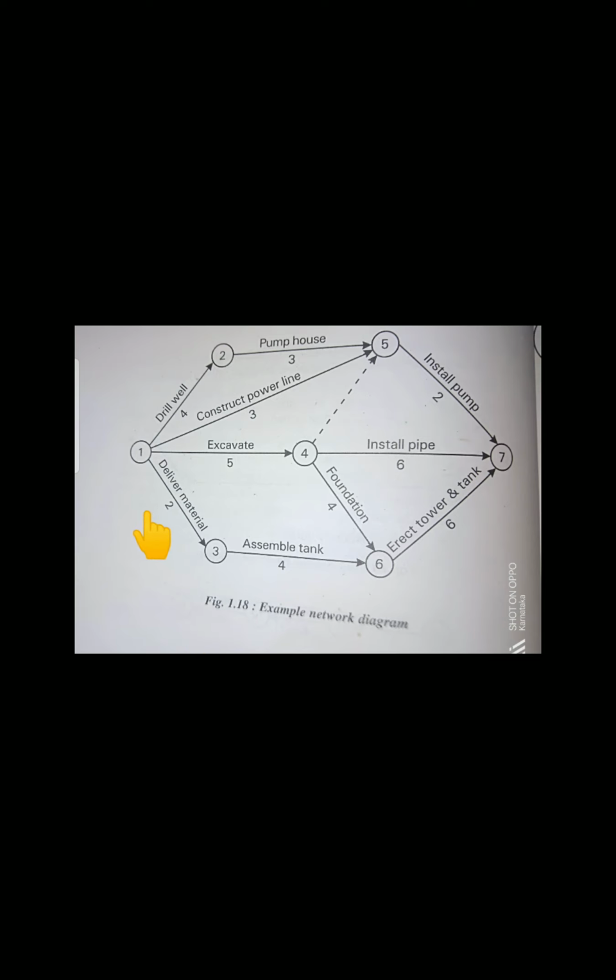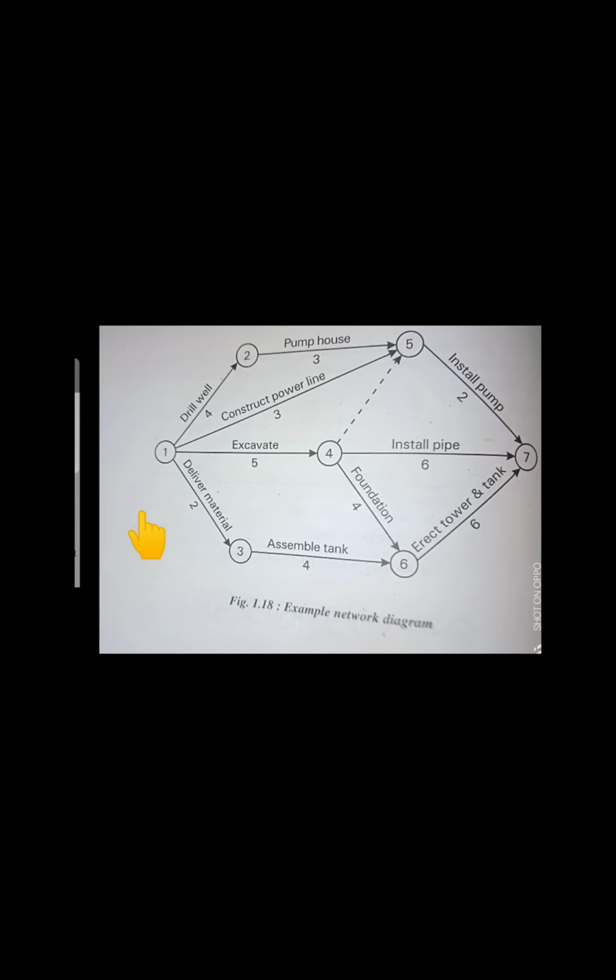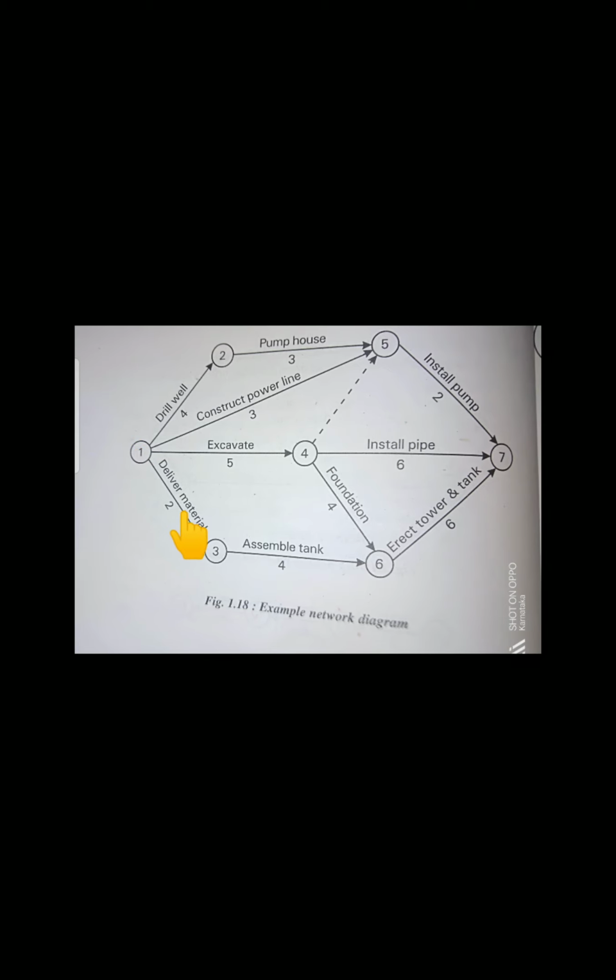So this kind of network is called activity on arrow. Here, on the arrow we represent the activity, and below the arrow we represent the duration. This is a node, or event, and we use it only for the starting and finishing of an activity.